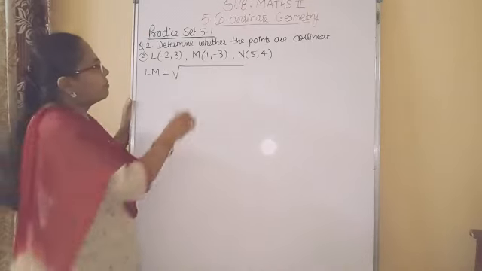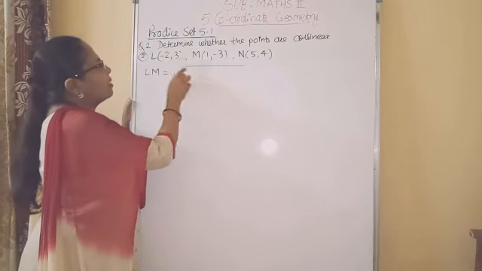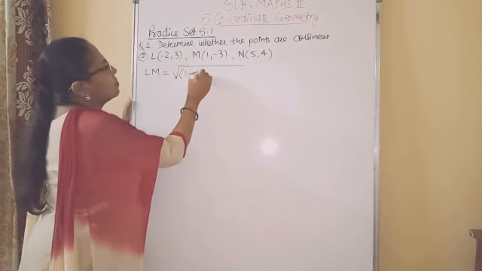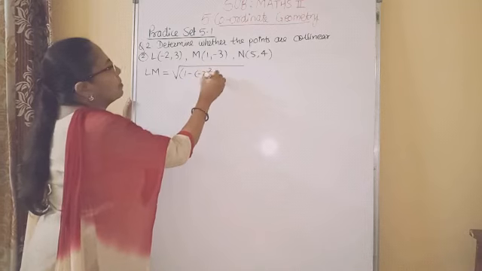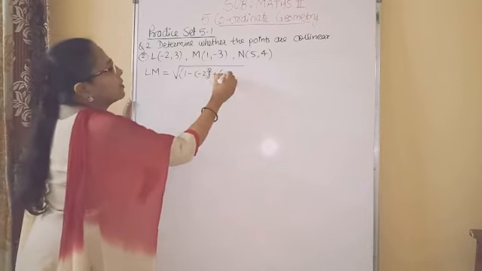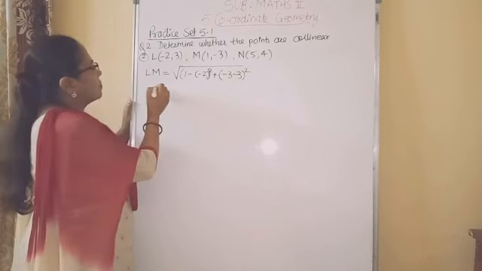According to formula, x2 minus x1 square means 1 minus minus 2, plus y2 minus y1 square, minus 3 minus 3 square.